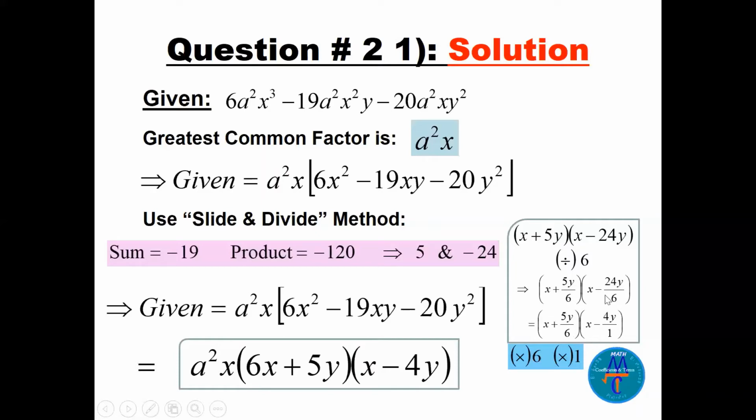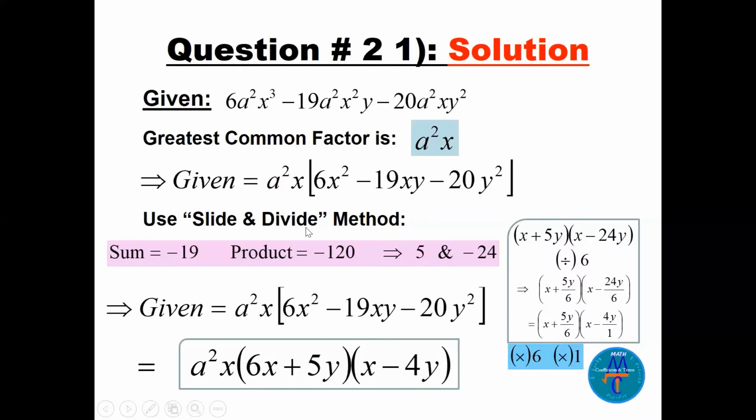This one we cannot simplify. 24 over 6, cancel the 6, you get 4y over 1. Then I multiply by 6 only this first factor. Here, multiply by the 1 in the denominator. So it becomes like this. When you multiply the first one by 6, you get 6x plus 5y, because we have an x here, and then x minus 4y. See, if you multiply all this now, you will get this answer.